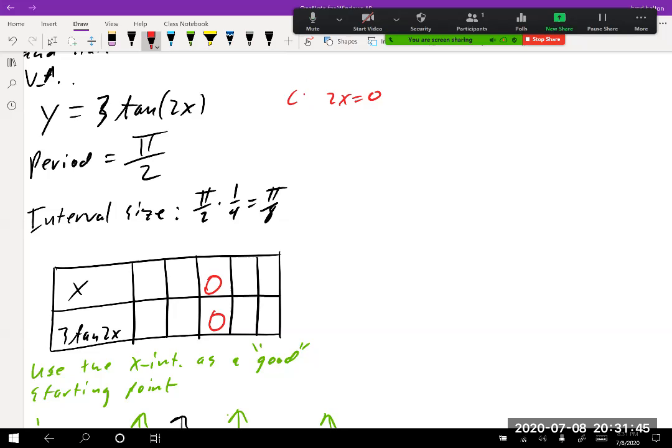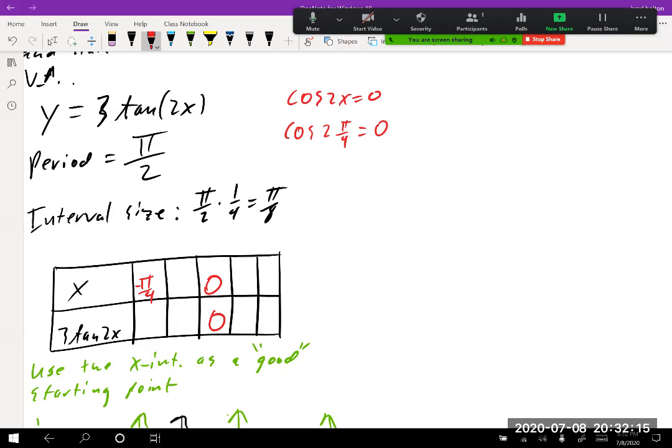Sorry about that, I'm thinking about the wrong one. So cosine of 2x would be 0 when? Well, it would be whenever we're at pi halves. So what would turn this into pi halves is if I multiplied this by pi over 4. So if this were cosine of 2 times pi over 4, what would we get? Well, we would get 0, right? Because this would become pi halves, which would be 0. So that means pi over 4 is going to be an asymptote.